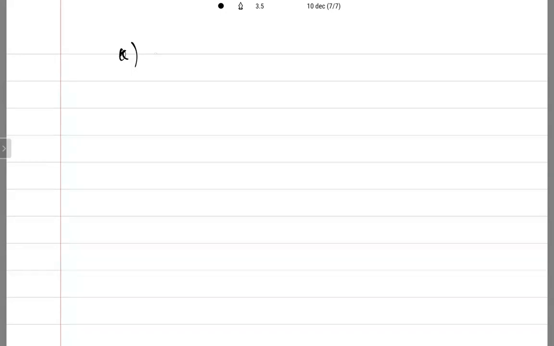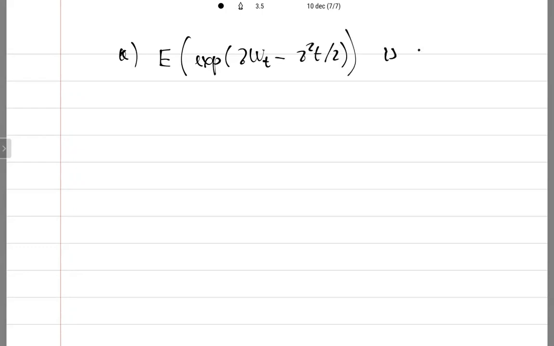First, A we have already solved, so we will save a little time. The first hint says to check whether it's a martingale, and because we have just checked that, the answer is yes.